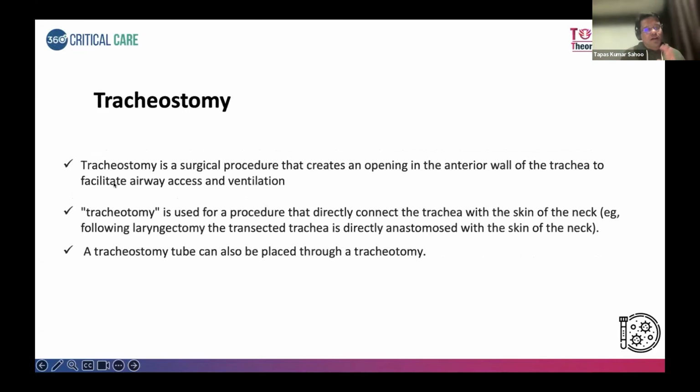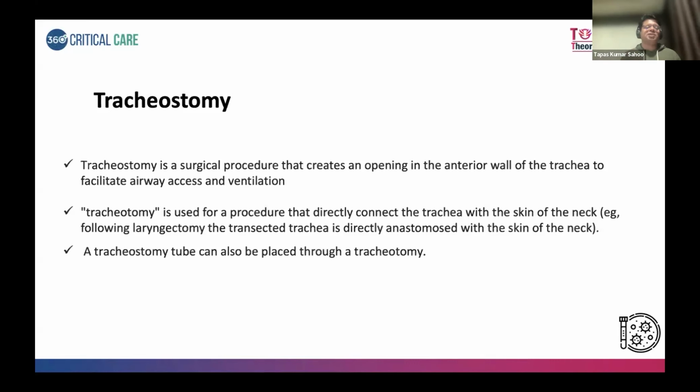Now, tracheostomy, as the name suggests, is a surgical procedure that creates an opening in the anterior wall of the trachea to facilitate airway access and ventilation. Clear? Tracheostomy: anterior wall opening, facilitating airway access and ventilation. Now, there is always an interchangeable terminology, tracheotomy.